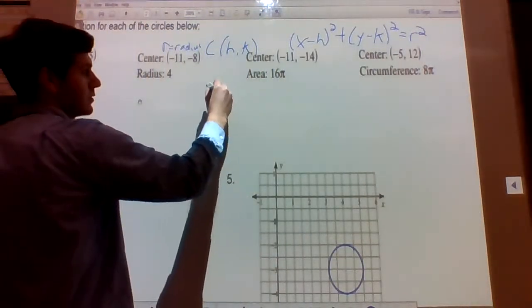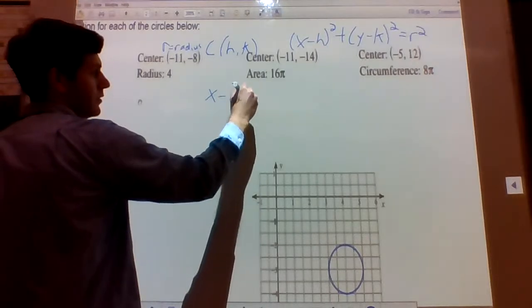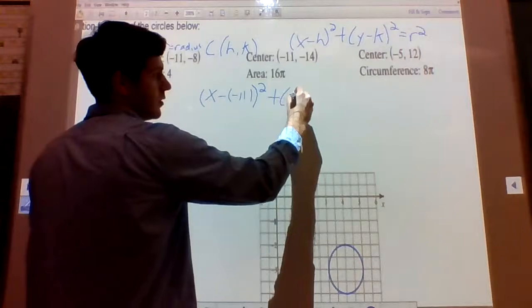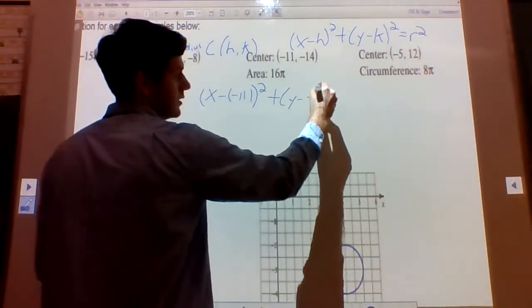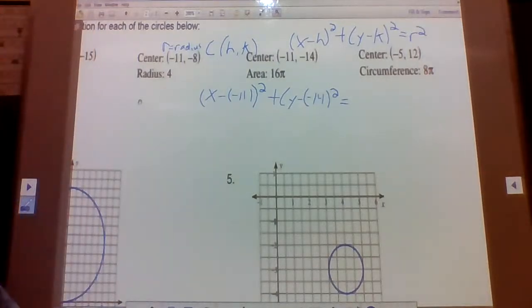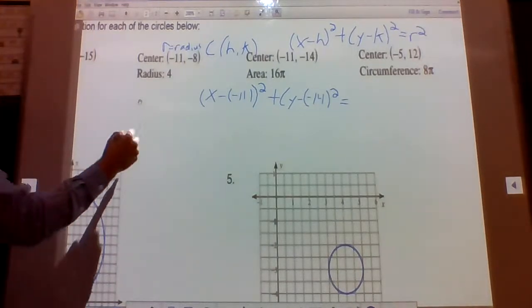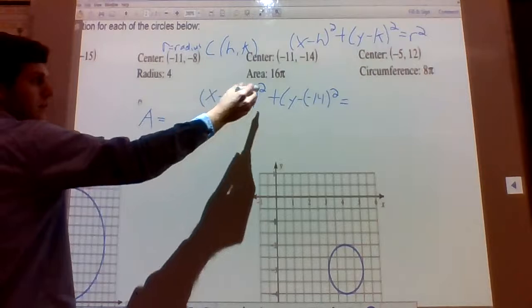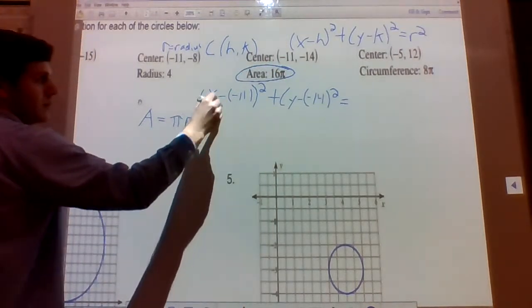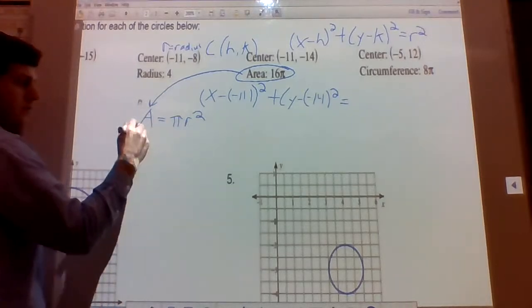So we're going to have x minus negative 11 squared plus y minus negative 14 squared equals the radius squared. So we need to find the radius. So we know that area, they're giving us the area. So we know area equals pi r squared. So the area is 16 pi.